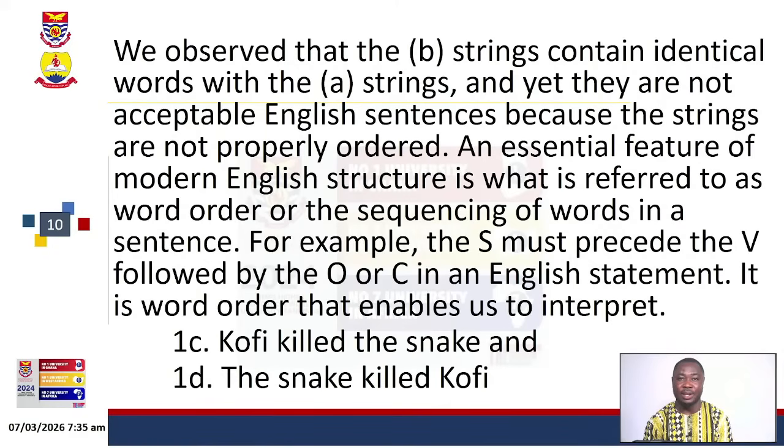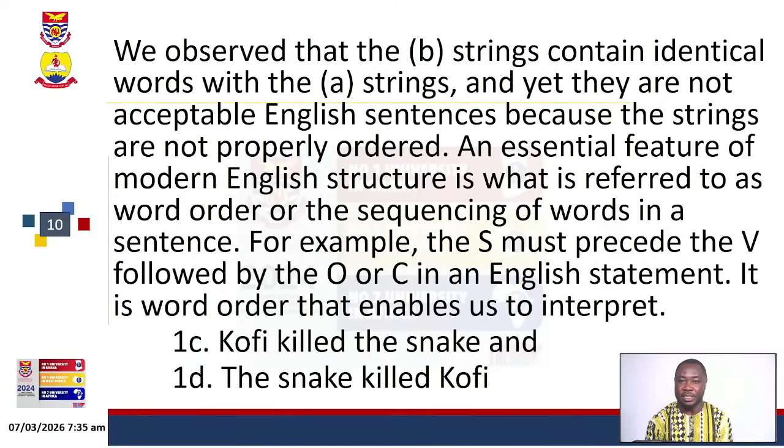And yet, they are not acceptable English sentences because the strings are not properly ordered or organized. An essential feature of modern English structure is what we refer to as word order, or the sequencing of words in a sentence. For example, S is subject. The S must precede the V, which is the verb. Then it is followed by the O, which is the object, or complement, which is C. That is in an English statement.